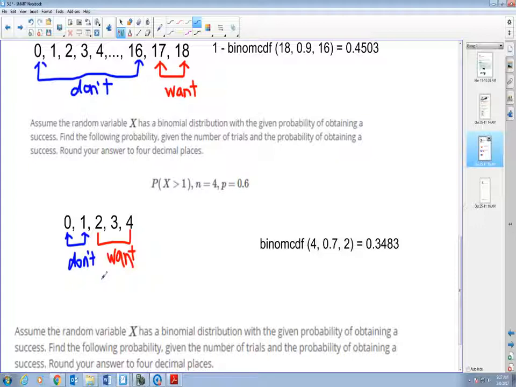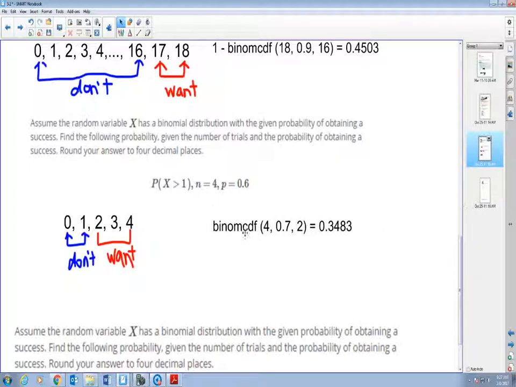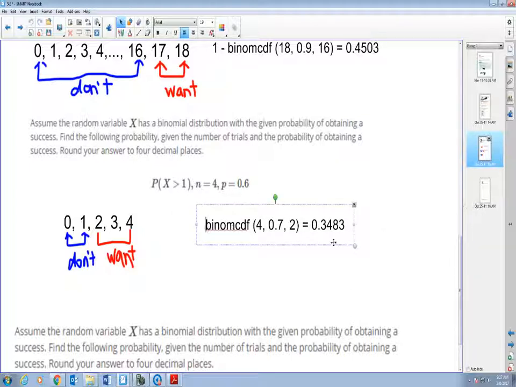Alright, so what we can do to figure out what I want is take a 1 minus what I don't want, which is all the way up to 1. So number of trials is 4, probability of success is 0.6, and what I don't want is up to 1.